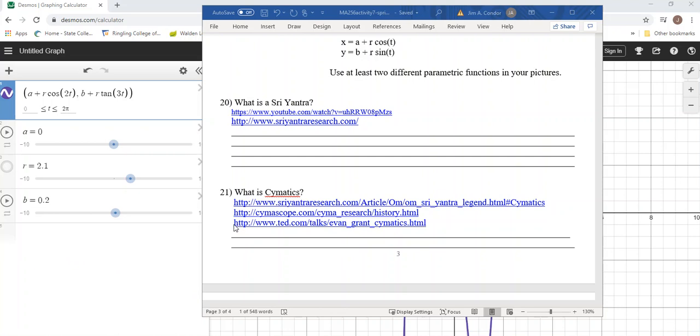If you take sound and vibrate a plate with sand on it, it will turn into a geometric shape. And if you increase the frequency of the sound, it will continue to change that shape.